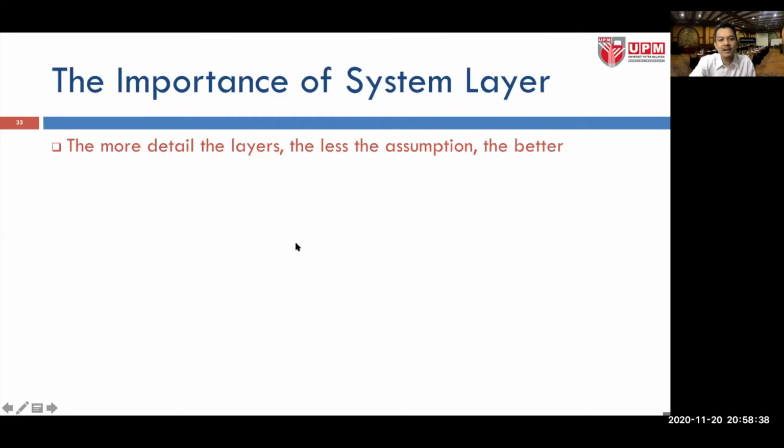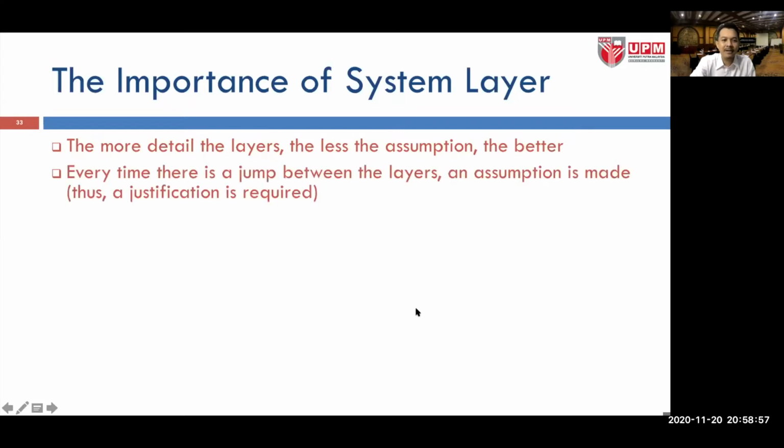Whenever you skip a step, you are making an assumption, so the more detailed the layer, the fewer assumptions you make, the better your literature review will be, right? Every time there is a jump between the layers, an assumption is made. Thus a justification is required.